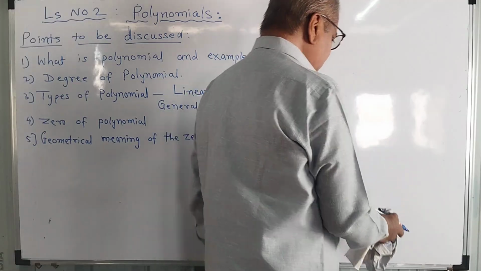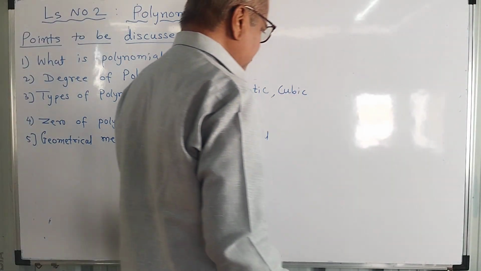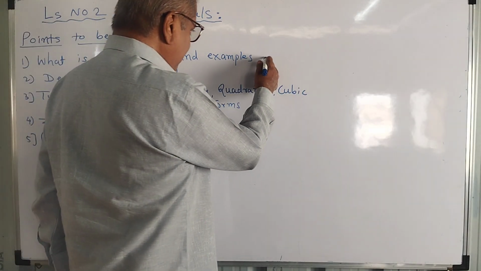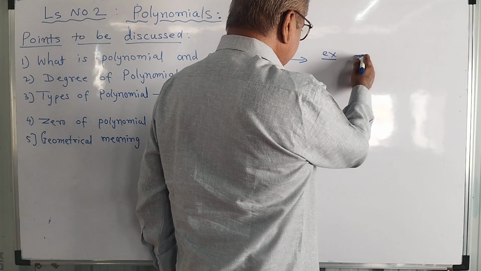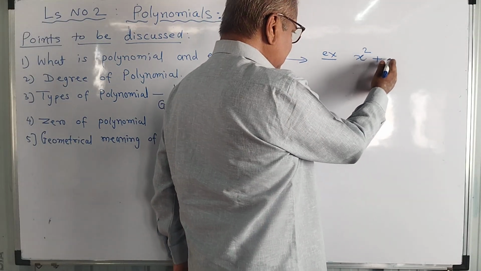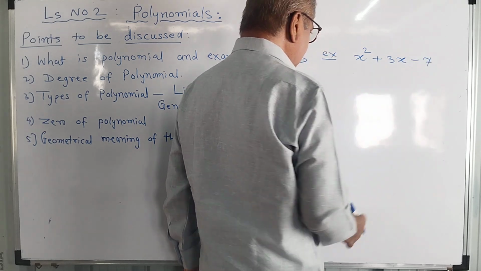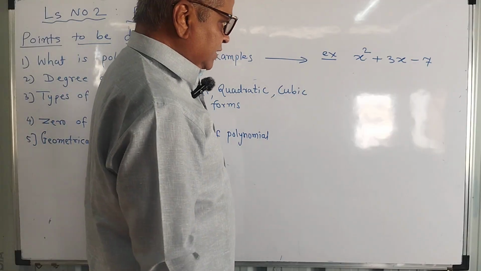So what is a polynomial? We can explain with an example. Suppose let us consider an example of a polynomial. x square plus 3x minus 7 is a polynomial because look at the power of each variable.